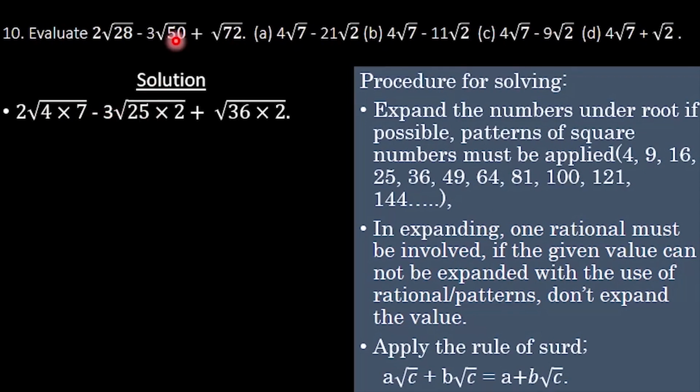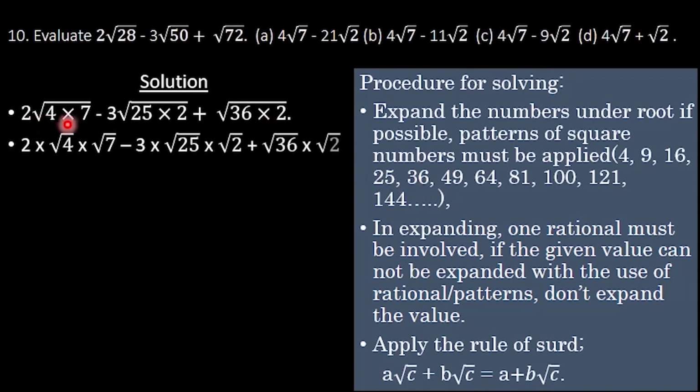About the 50, out of the patterns of square numbers, what can go in 50 is 25. We now say 25 can go in 2 ways, that is 25 times 2, plus 72. What can go in 72 out of these patterns of square numbers? What can go is 36, and 36 can only go in 2 times. Now let's separate them. We now have 2 times root 4 times root 7 minus 3 times root 25 times root 2 plus root 36 times root 2.